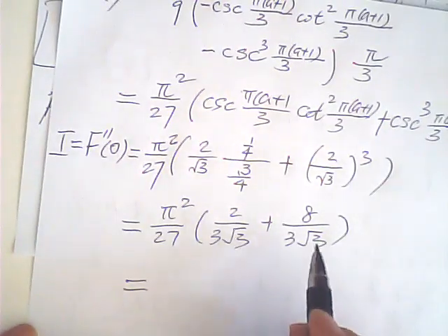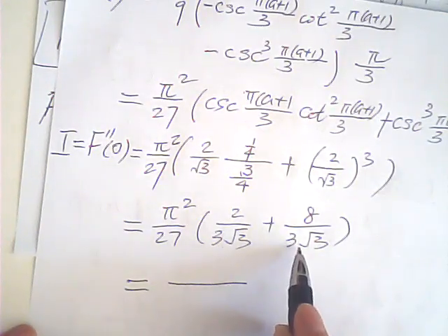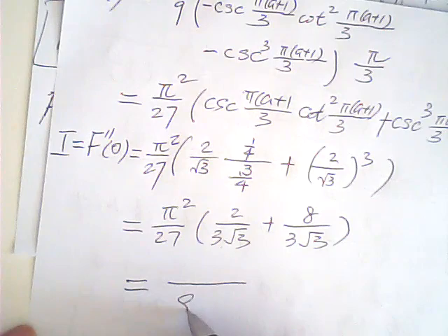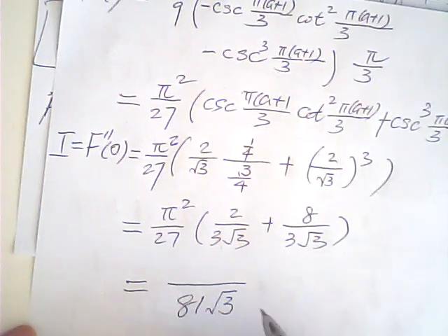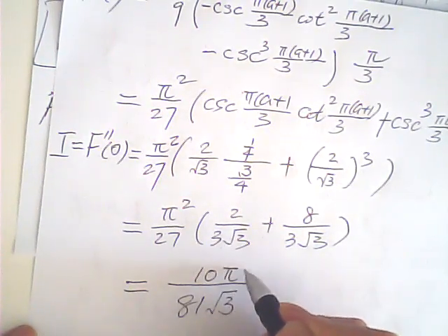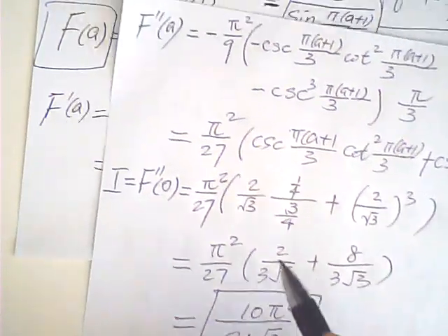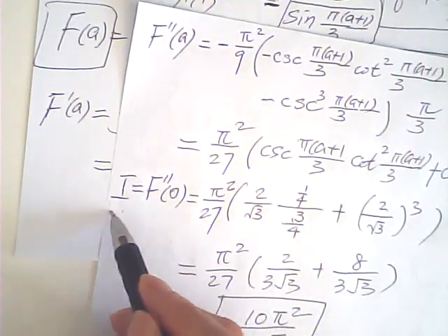So finally, this one is 3, and 3 times this one is 81, and this is 10. This is my result of I.